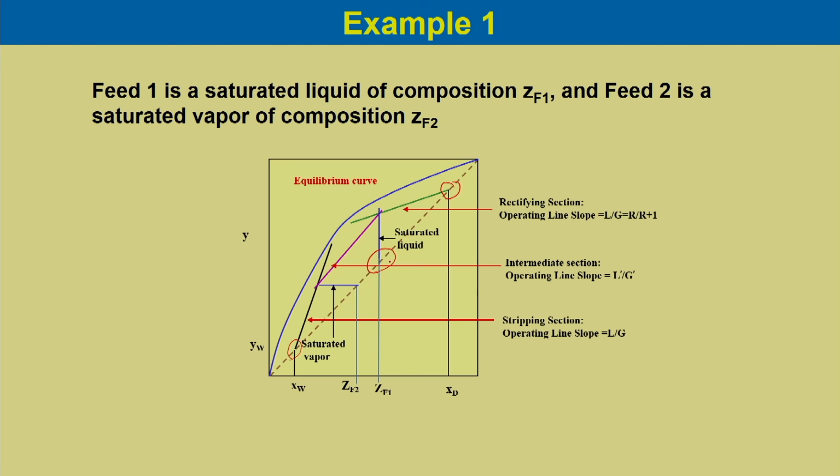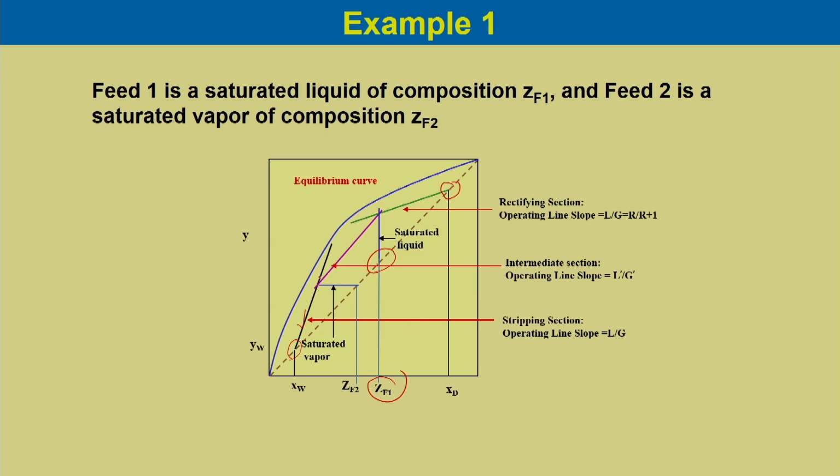So, feed 1 is a saturated liquid, so its Q value is 1 and its slope is infinite. So, it will be a vertical line from the feed composition ZF1. This is the Q line equation for saturated liquid, and this is the feed line equation for the saturated vapor.